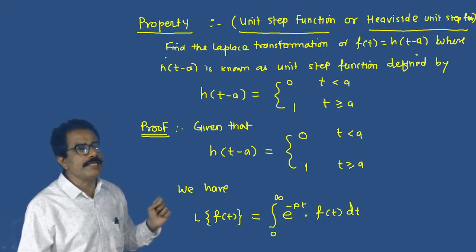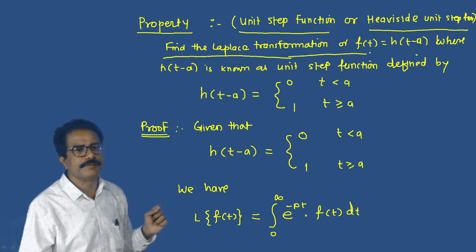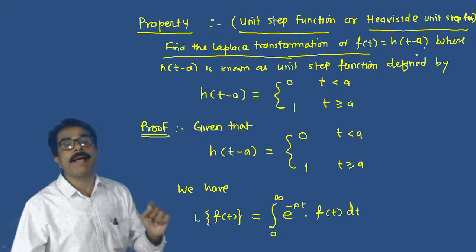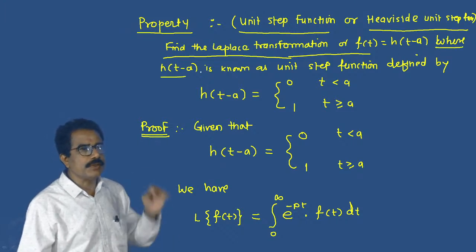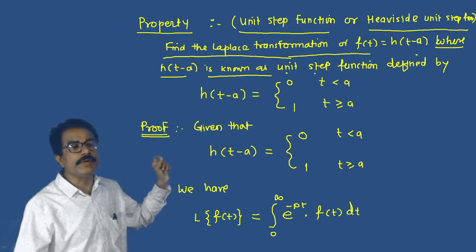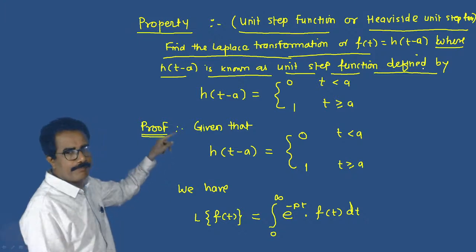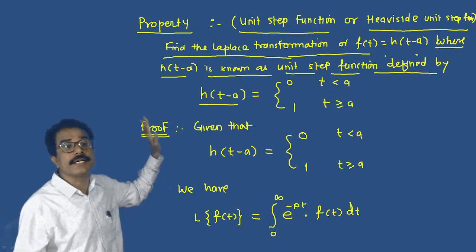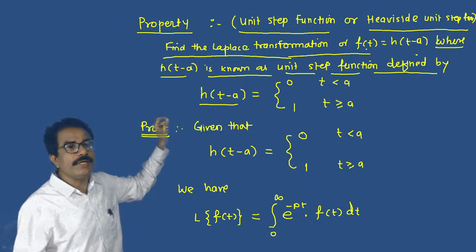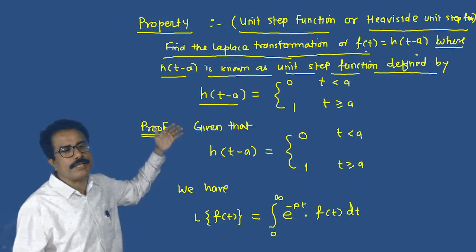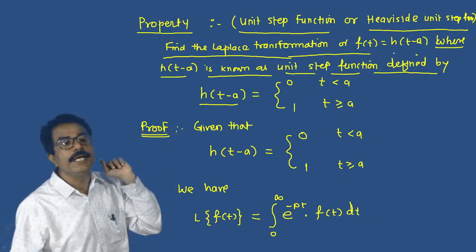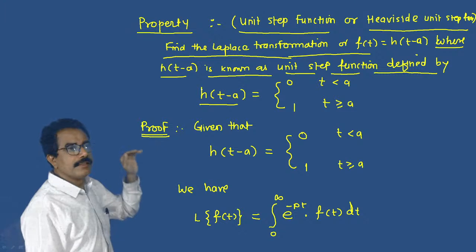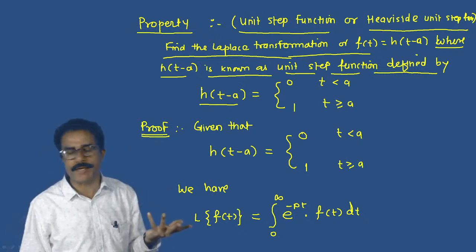The problem is to find the Laplace transformation of f of t equal to h into t minus a, where h into t minus a is known as the unit step function, also known as the Heaviside function.